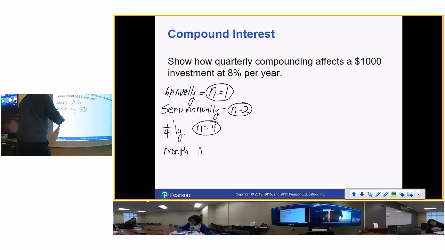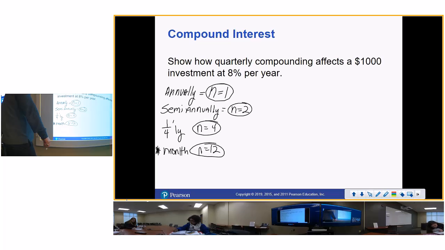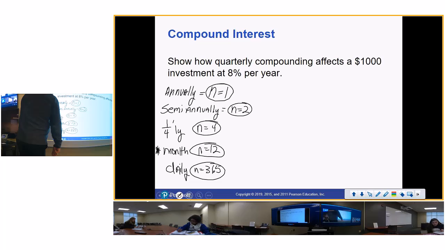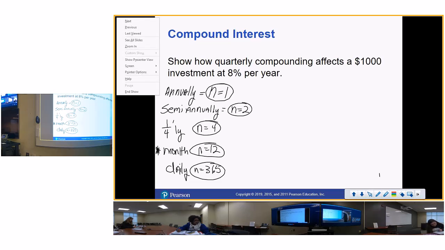N is equal to 12. Thank you. And you're going to see that a lot with your payment plans, like on your car or your house or your credit card or whatever. Daily. N is equal to 365. So these are key words that you're going to see in your sentence.